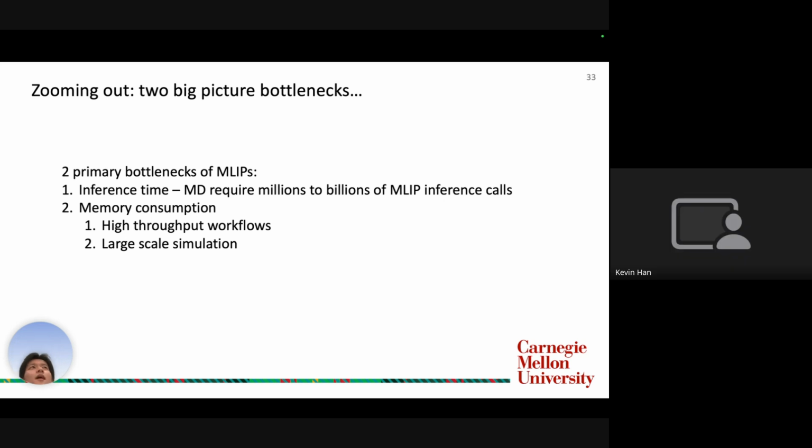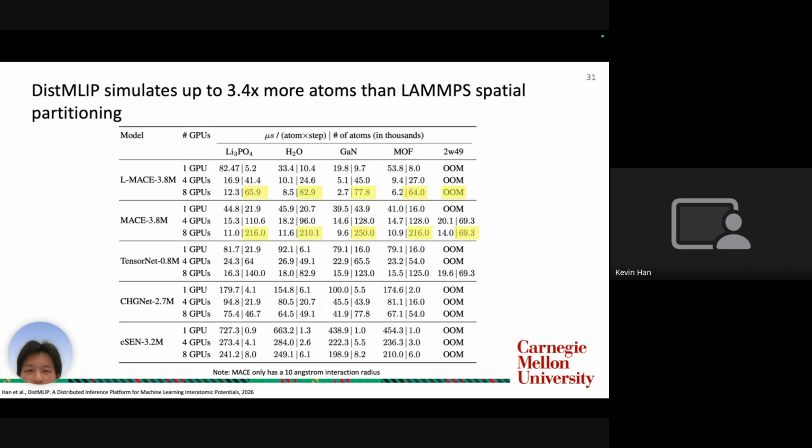That's a good question. DistMLIP works for both training and inference. The core innovation is that we wrote very fast, low level optimized C code to do this metadata calculation and partitioning. So it does work for training. The reason we don't necessarily highlight training is because we haven't really found an application in which we need to train on structures consisting of 250,000 atoms.